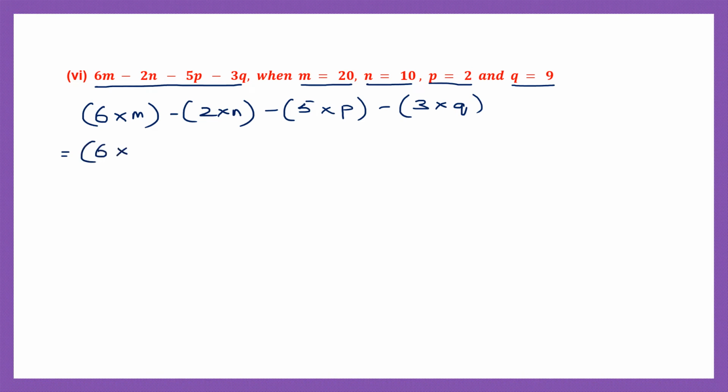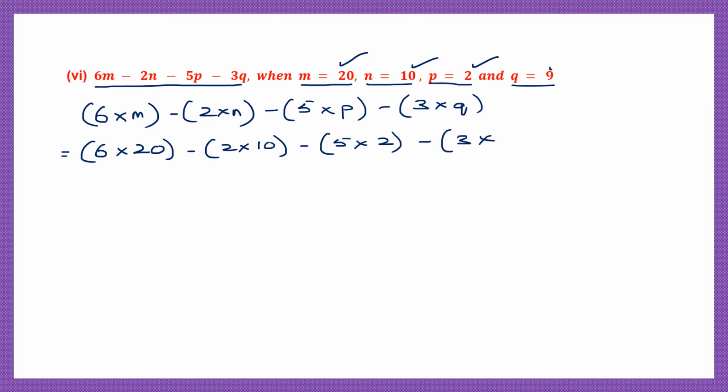So 6 into m is 20 minus 2 into n is 10 minus 5 into p is 2 again minus 3 into q is 9. Okay, now 6 into 20, 6 twos are 12, so add a 0, minus 2 tens are 20, minus 5 twos are 10, minus 3 nines are 27.